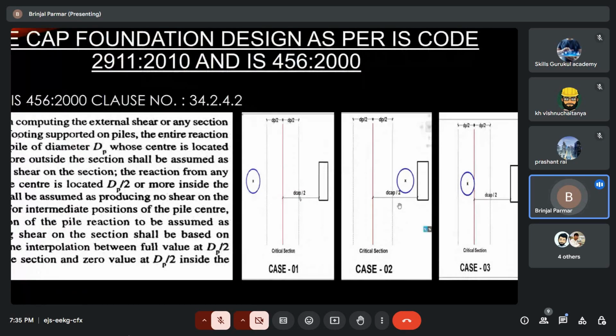But case 2 says if a pile is inside the critical section, and inside the dp by 2, so we don't take any reaction, we take zero reaction. But case 3 says there is a critical section but the pile is nearby the critical section, or under the dp by 2 area, so we take interpolation. Here we take 0 and here we take 100, and find out the value using interpolation method.